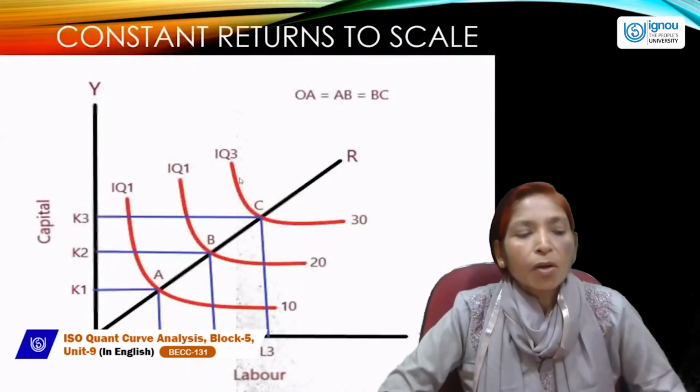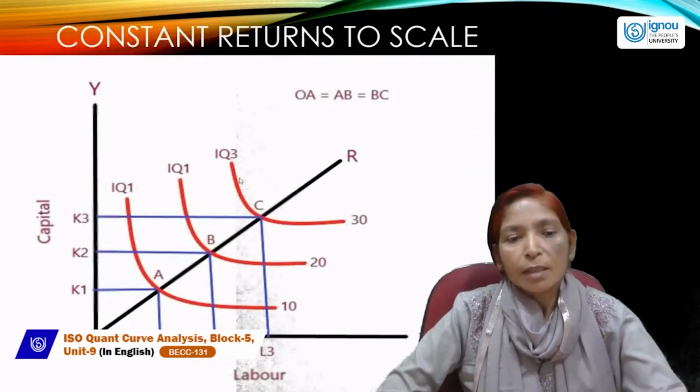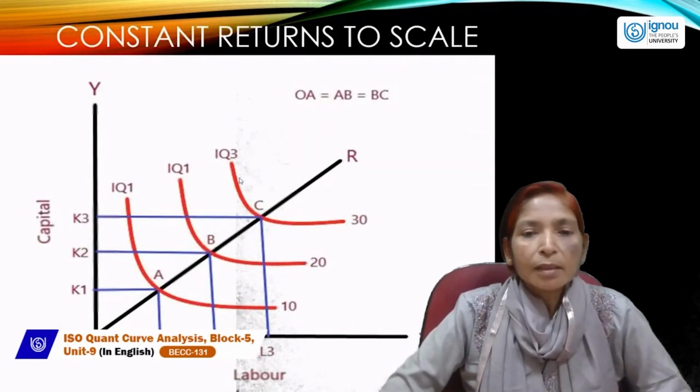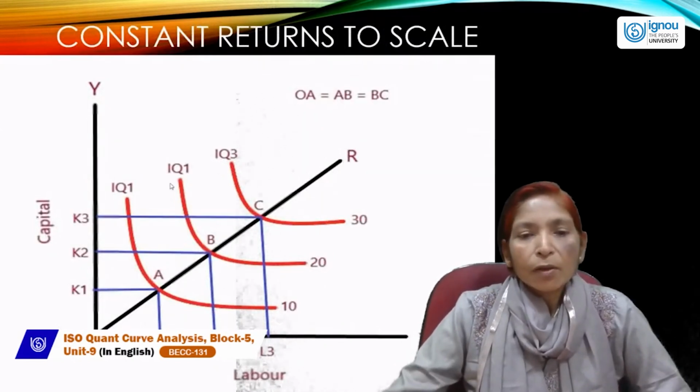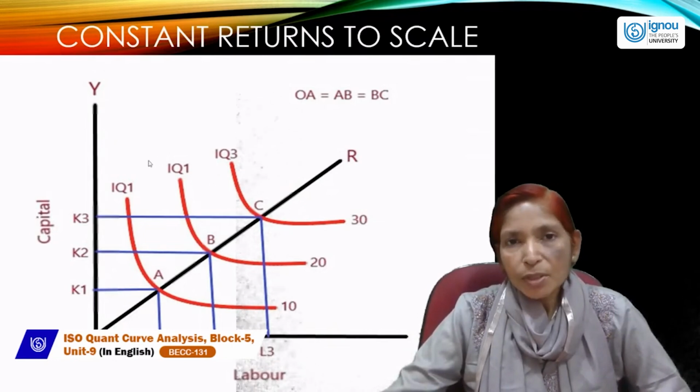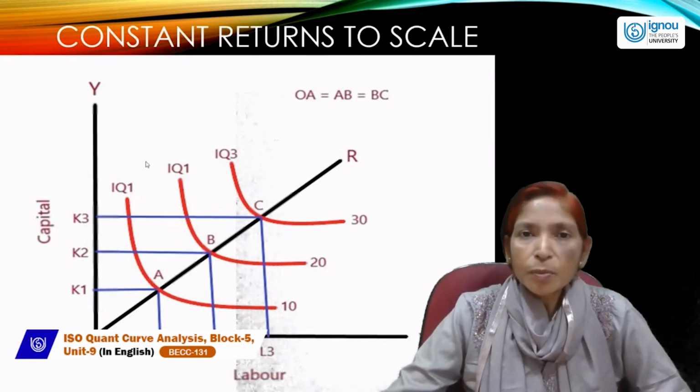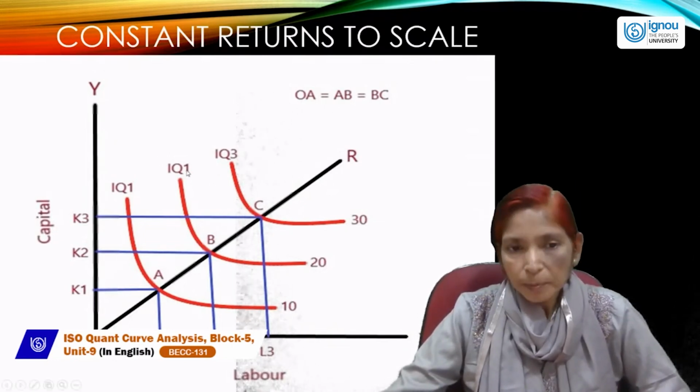Next is constant returns to scale. This stage is applicable when the ratio of input and the ratio of output both are equal.